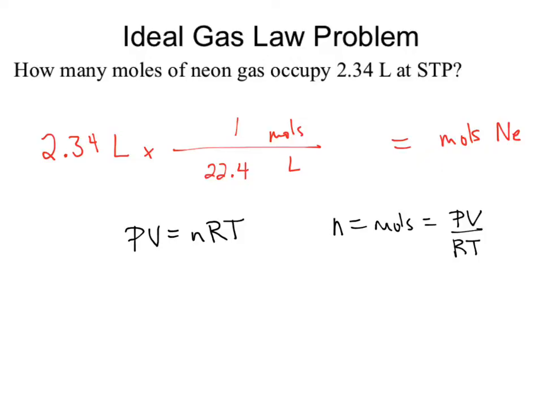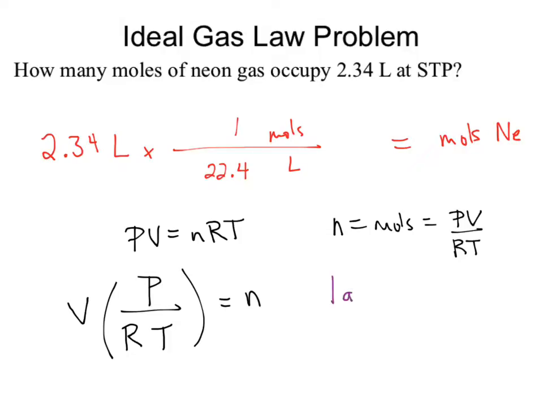In the question asked, what were we given? We were given the volume. Over RT. What did we say P was? We're at standard temperature, so it's 1 ATM.